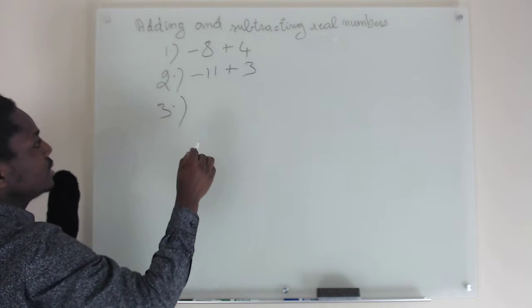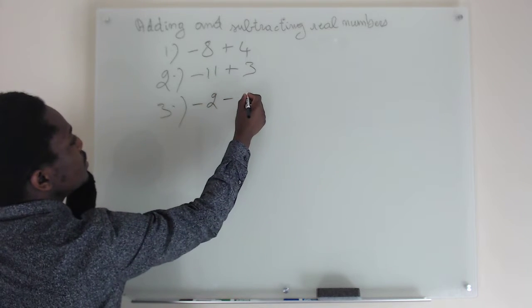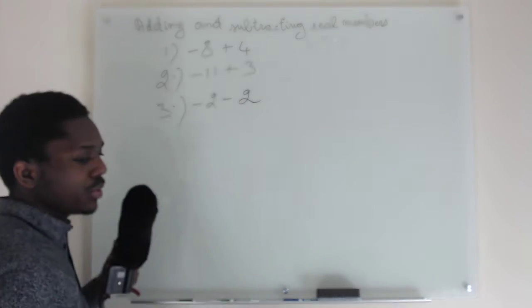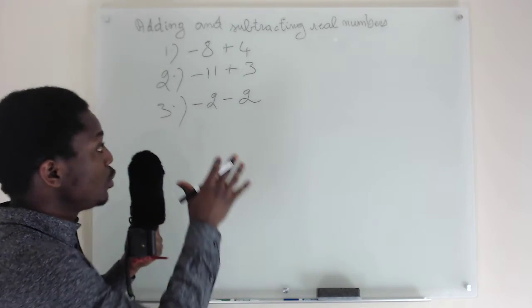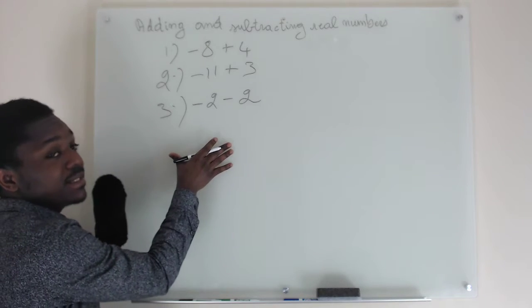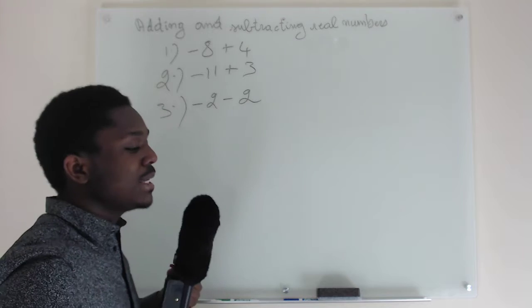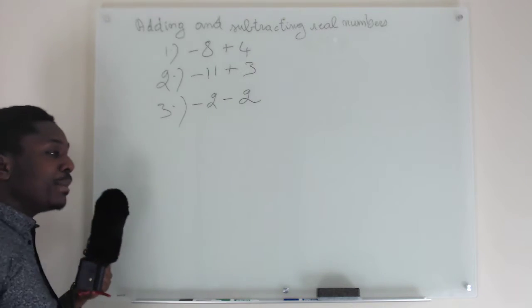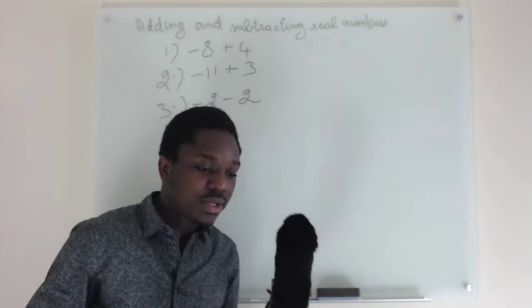And the third one is -2 minus 2. I would like you to pause the video and try these exercises on your own. Then after you have tried them, hit the play button again and we are going to do them together. So see you soon.